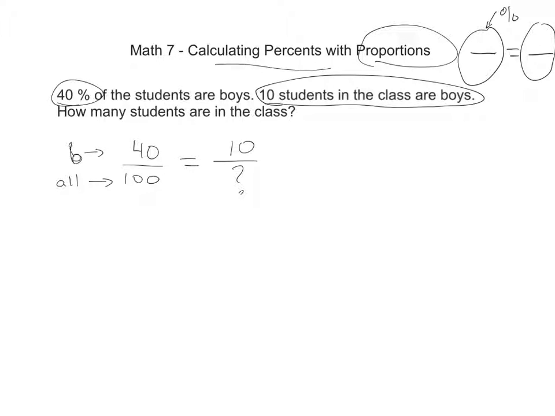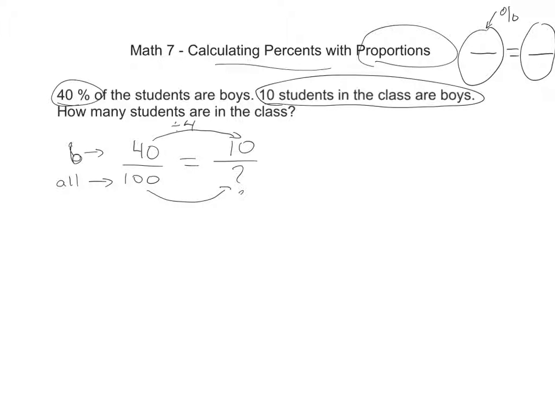This is a pretty straightforward situation. Just a reminder, if this is an equivalent fraction, what I do to the top, I do to the bottom. So in this case, 40 times what gives me 10, or 40 divided by what gives me 10. If I divide the top by 4, 40 divided by 4 gives me 10.